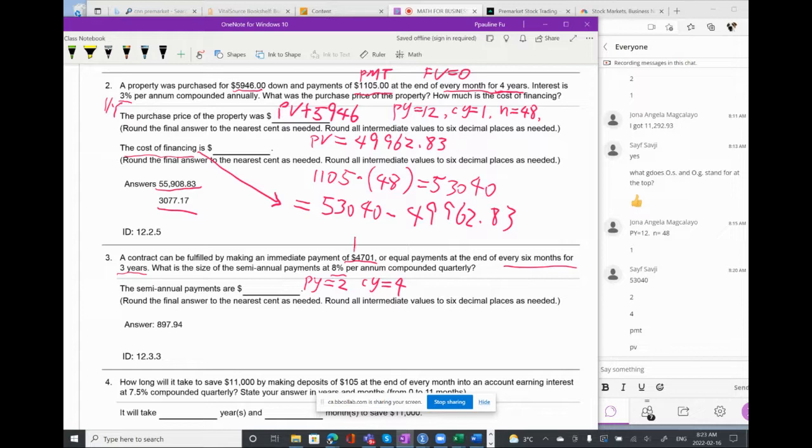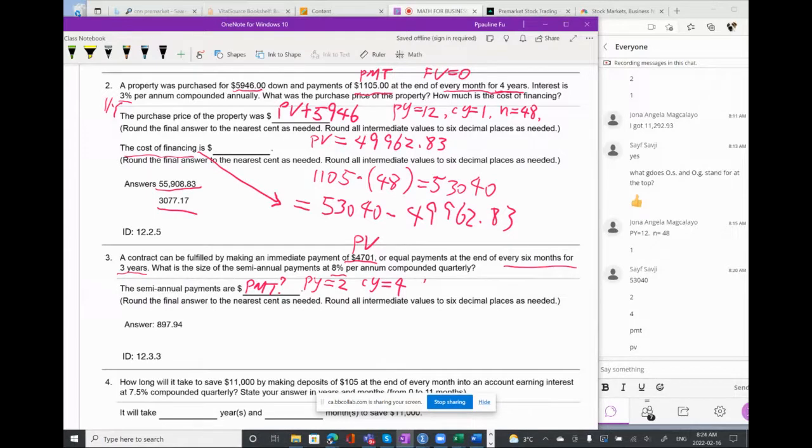PV, yes, this number is present value. PV is the present value. And then the question asks you, what is the payment? That is the question. PMT is the question you need to answer.